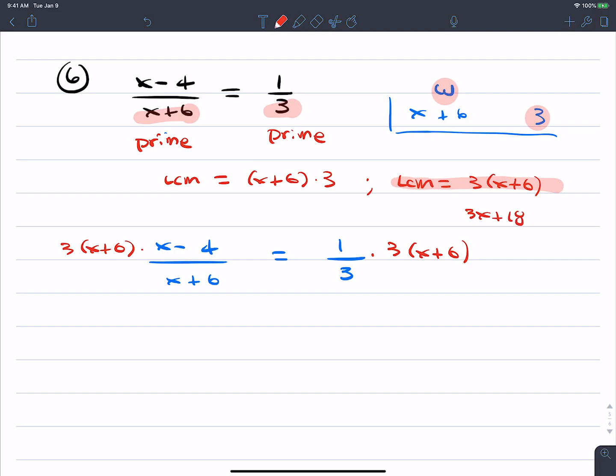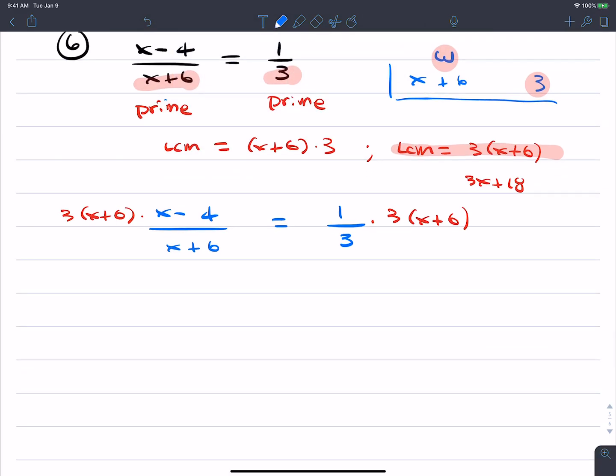See, I gave you guys that for your warm-up because I knew we were going to be using it today. All right, you guys remember this one? Yeah. So what my recommendation is, because you're multiplying both sides by the LCM, don't actually use the 3x plus 18. Leave it as 3 times x plus 6 in parentheses here.